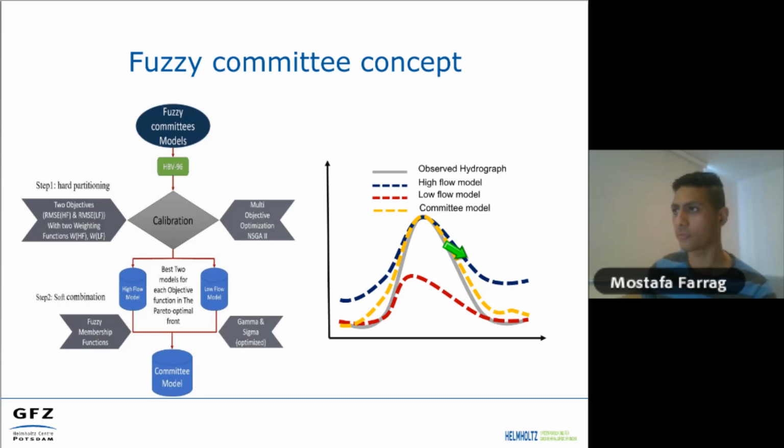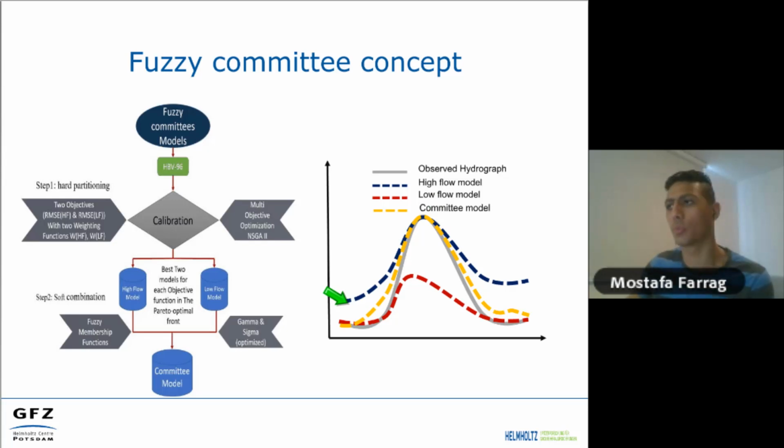As Gerald mentioned before, we can divide the hydrograph into two flow regimes, high flow and low flow. In our method, we didn't make a hard partitioning, so we didn't split the hydrograph into two parts, but we made the whole hydrograph able to be simulated with two models.